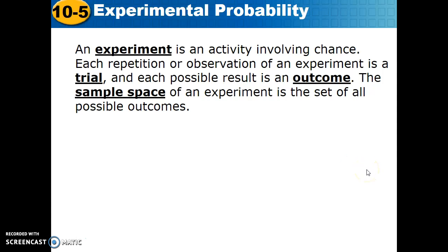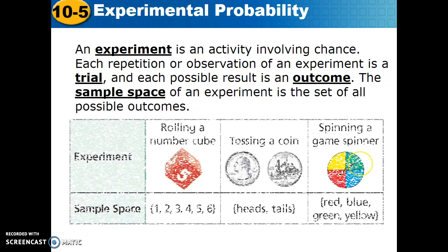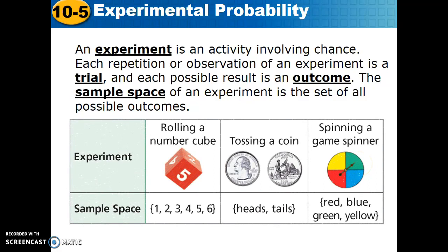An experiment is an activity involving chance. Each repetition or observation is a trial, and each possible result is an outcome. The sample space is the set of all possible outcomes. So we've got several examples of what an experiment might look like.